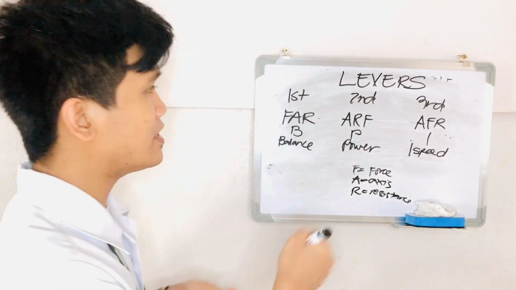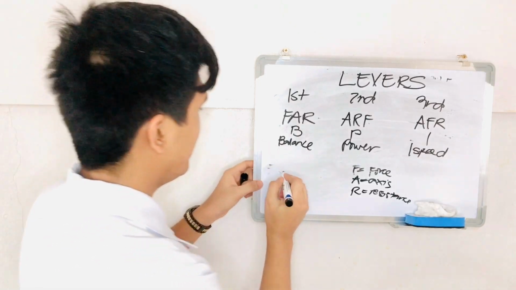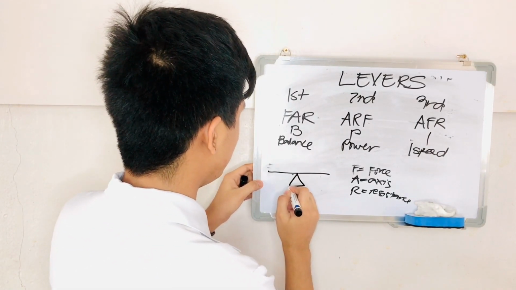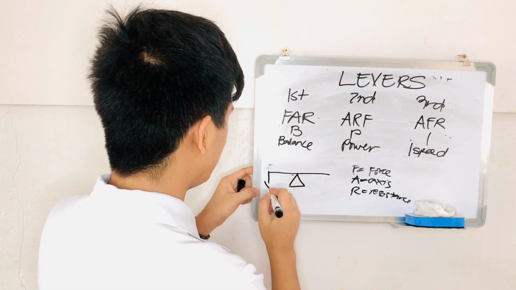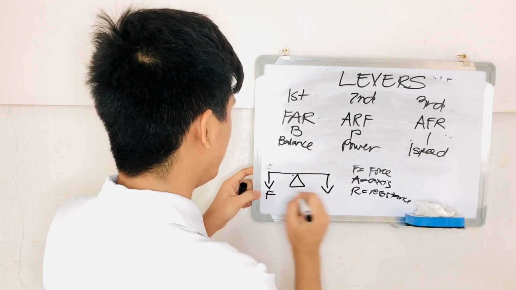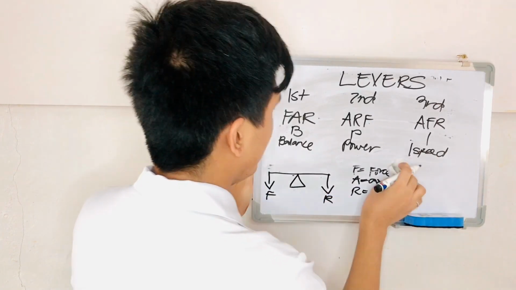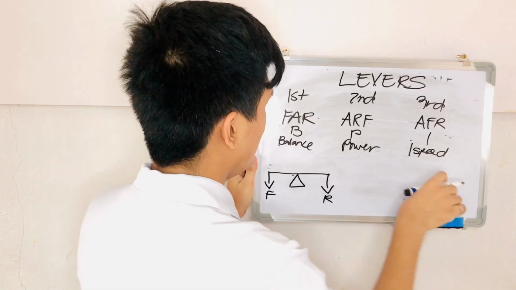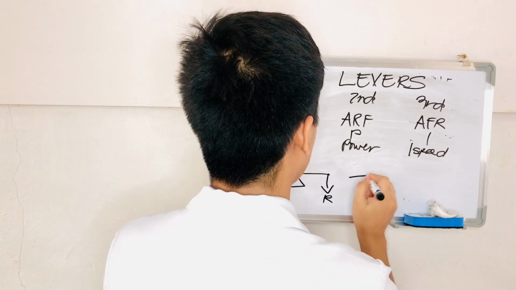So again, for the first type of lever, we have FAR. So if you're gonna draw it, this one here is the axis. Thus, the force is going downward, the resistance is going downward. Force and resistance. Now, for the second type of lever, we have ARF.